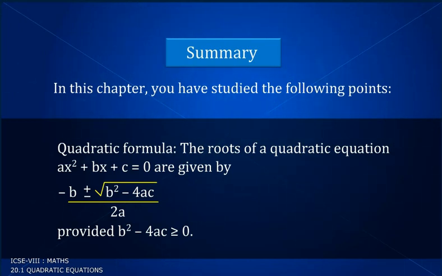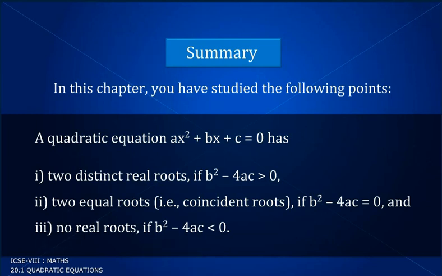Quadratic formula. The roots of a quadratic equation ax square plus bx plus c is equal to 0 are given by minus b plus minus under root of b square minus 4ac divided by 2a, provided b square minus 4ac is greater than or equal to 0.